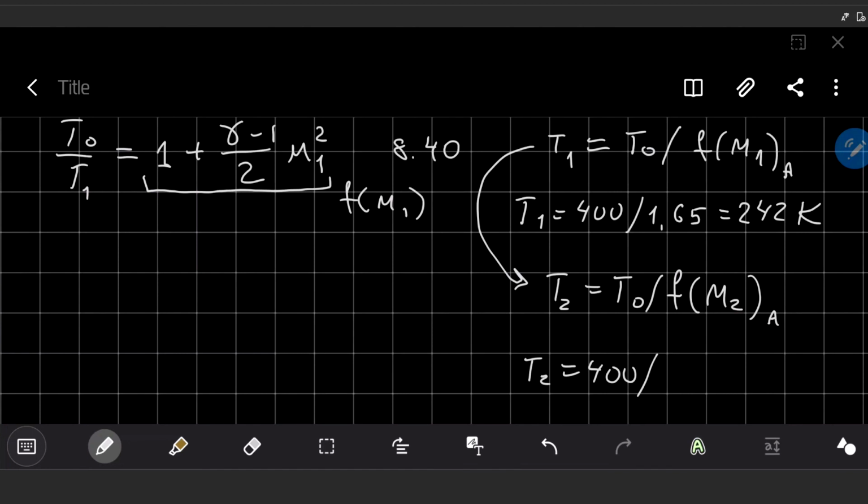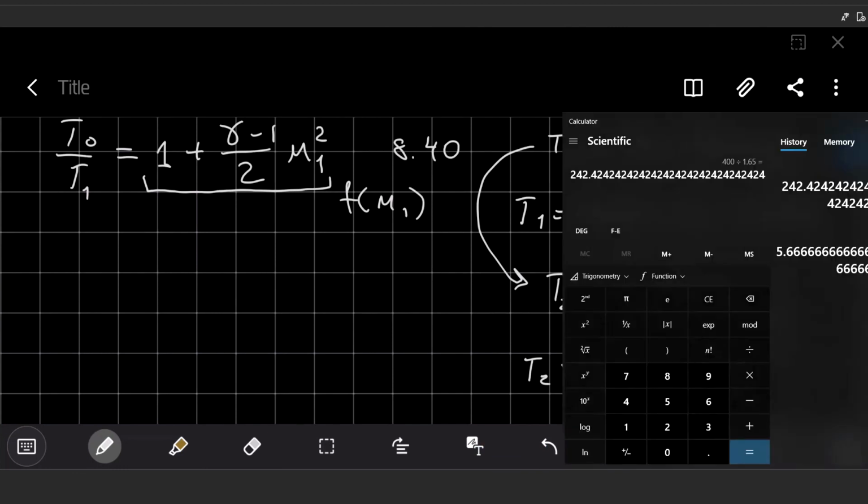So the temperature ratio is 2.74. Okay, and now I will calculate using this ratio. 146 Kelvin. Quite cold, right?